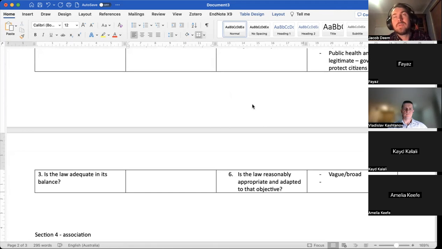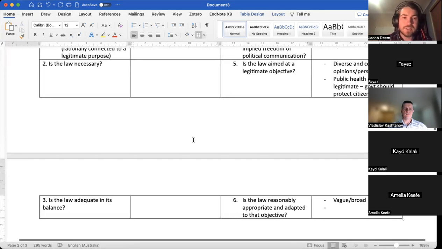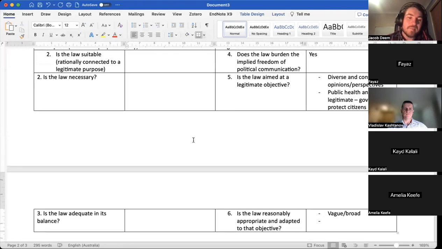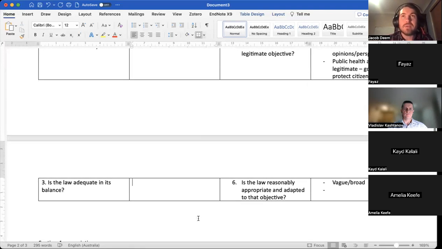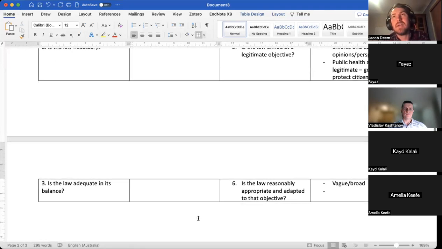Whether that ultimately is the case, I leave it up to you to decide. But you'll be drawing on the same points and the same ideas around, have they gone about it in a way that is useful or achieves its objectives in a way that minimizes the impact on the implied freedom.